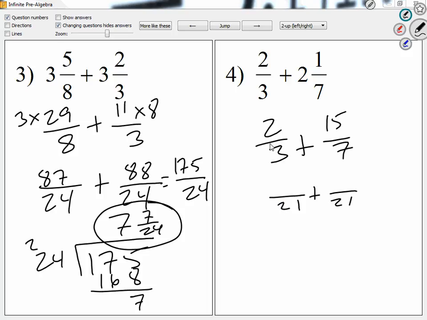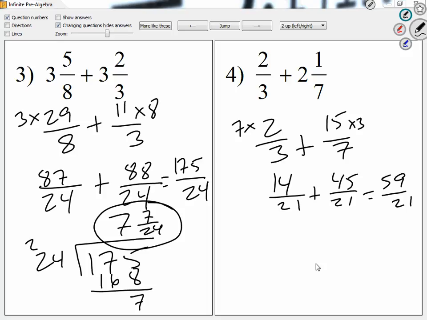On the first fraction, how many times does 3 go into 21? 7. So let's multiply the top by 7. On the second fraction, how many times does 7 go into 21? 3. Let's multiply the top by 3. So copy the 21. How much is 14 plus 45? 59.